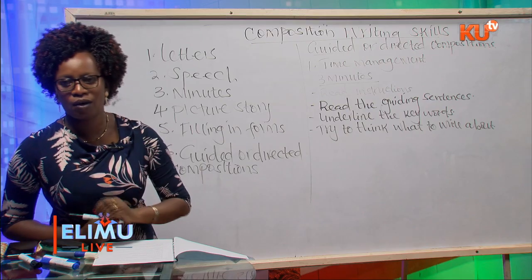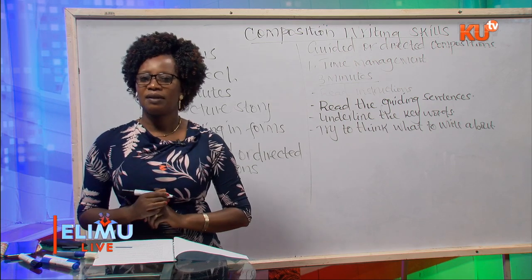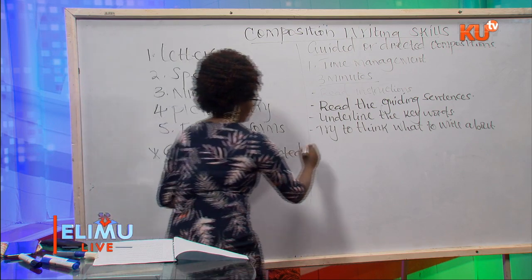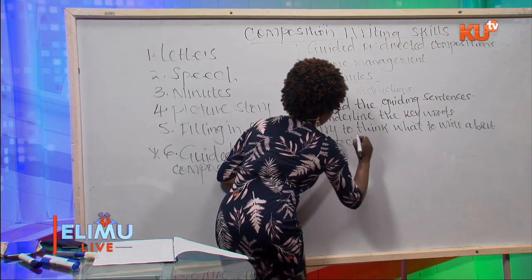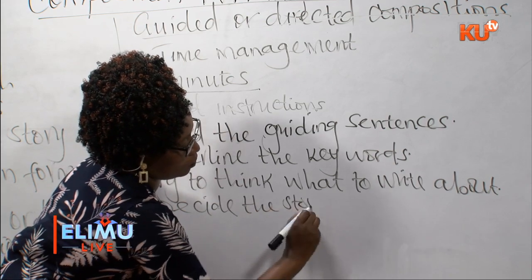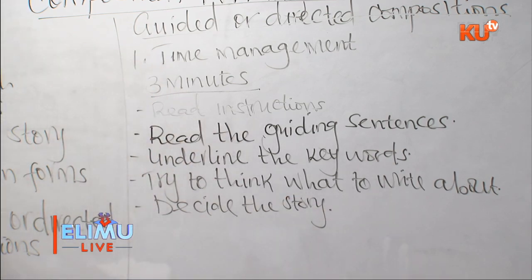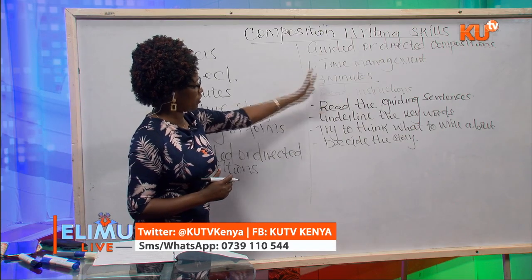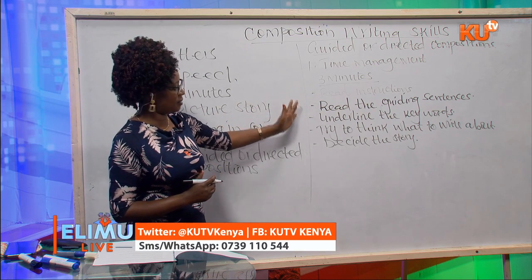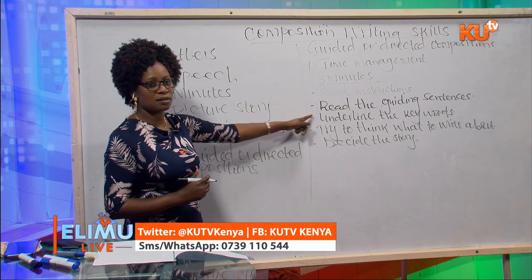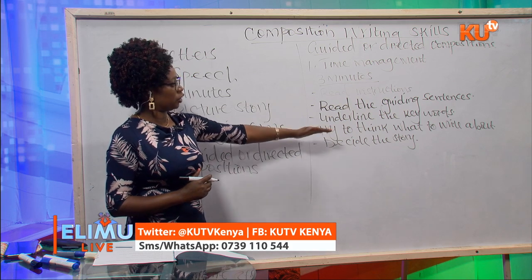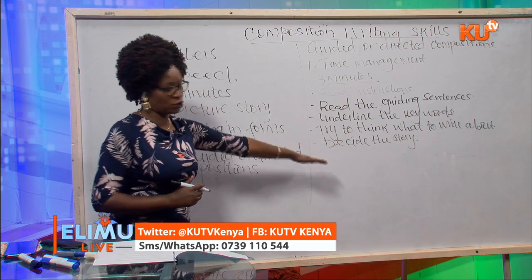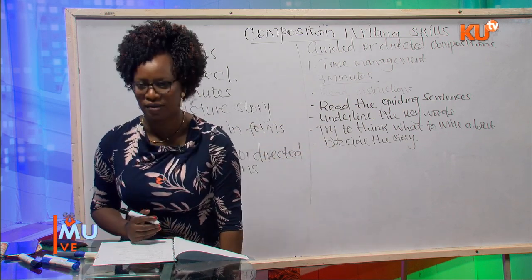After trying to think what to write about, then decide on the story that you are going to write. Remember, you are doing this very fast in the first 3 minutes. Read the instructions, read the guiding sentences, underline the keywords. I am going to explain this later. Try to think what to write about and decide on the story that you are going to write about.